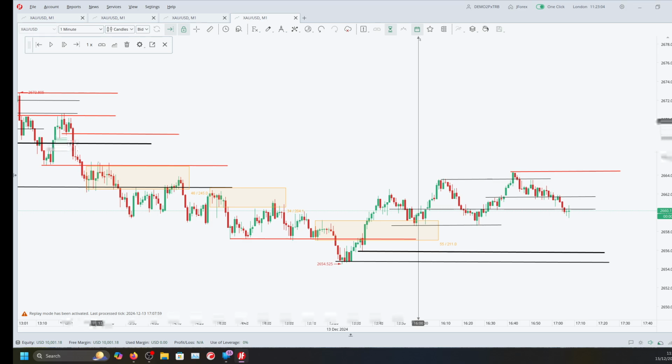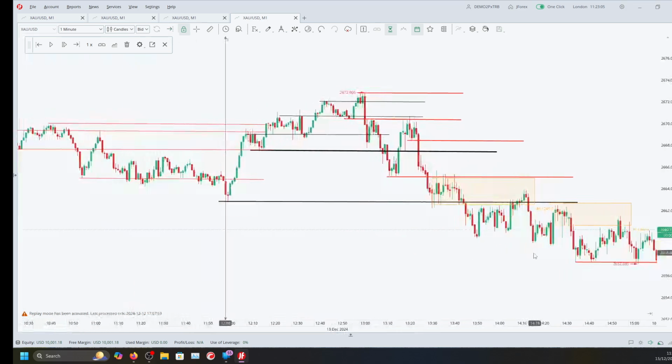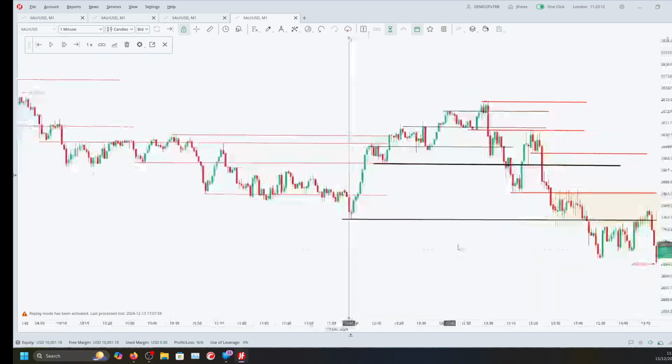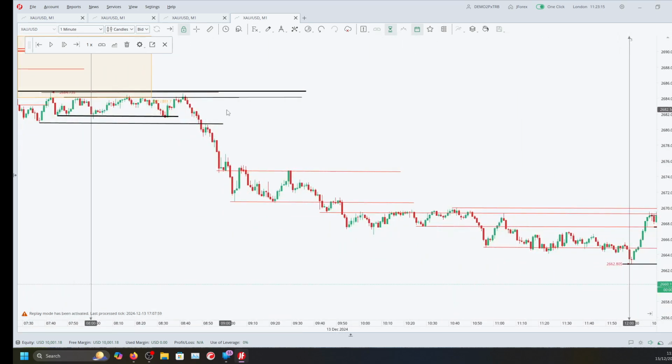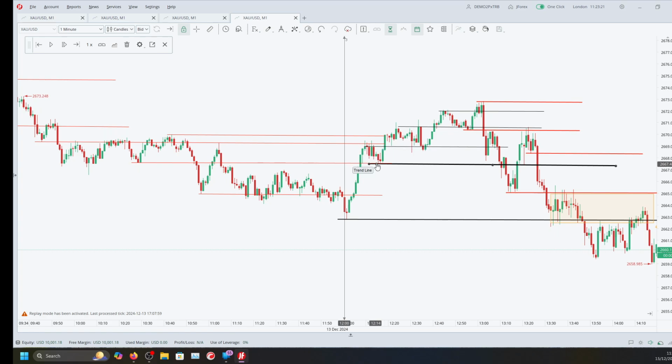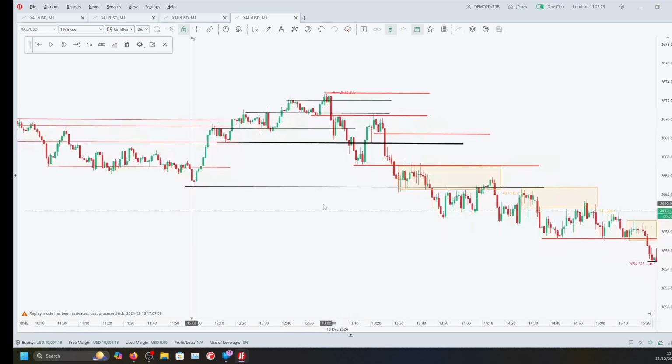After taking all these short trades through here, this has been a relatively successful period to trade in, going short. This hasn't been successful to take longs from.